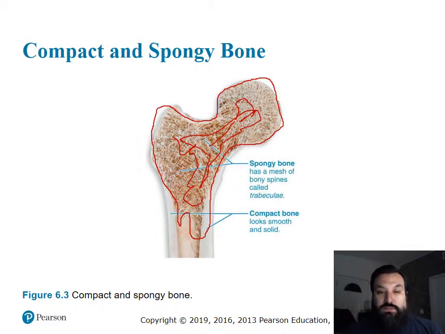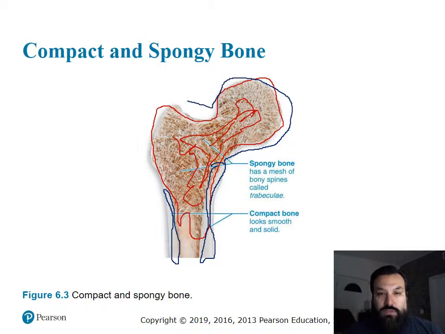And anything white, I'll go ahead and change the color here, anything white, like right here in this location, this location here, and even on the outside surface of the bone itself, would be considered compact bone, the smooth portion of the exterior part of the bone. What we're looking at here seems to be either the femur or the humerus, the thigh bone or the arm bone itself.